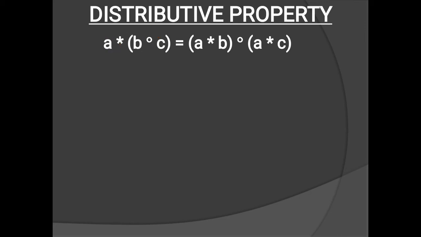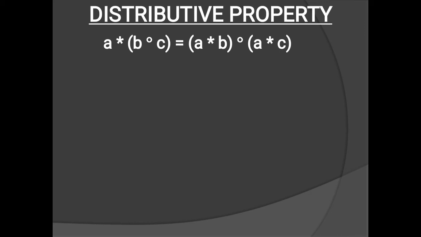Now we are saying that for an operation to be distributive, A operation into parentheses B operation C, that is different operations, should be equal to A operation B in one parenthesis, operation, that is a different operation, A operation C in another parenthesis. Now this is why it is distributive.